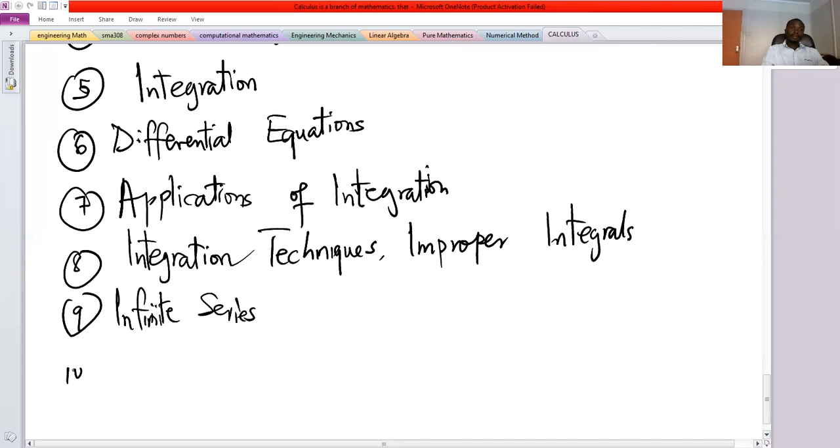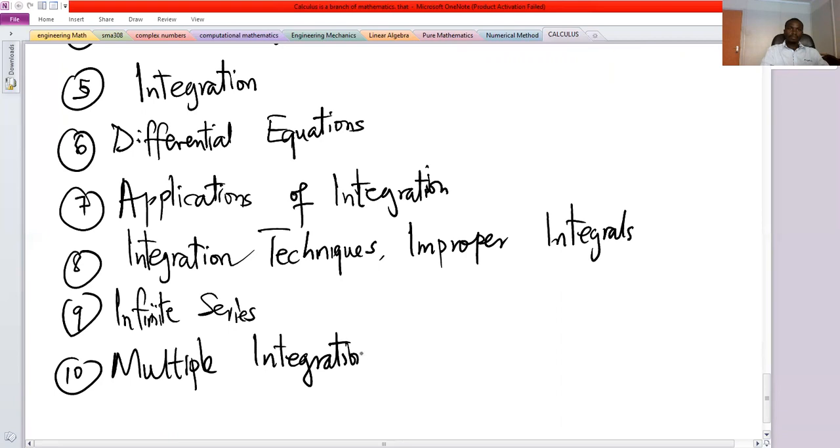Number 10, we have multiple integration. This includes dealing with integration of a function of a single variable and functions of several variables. So these are some of the main chapters that you need to study in calculus.